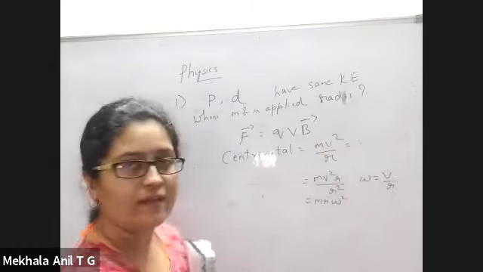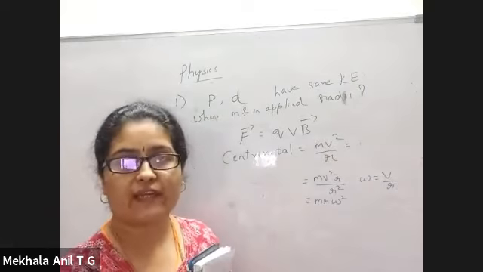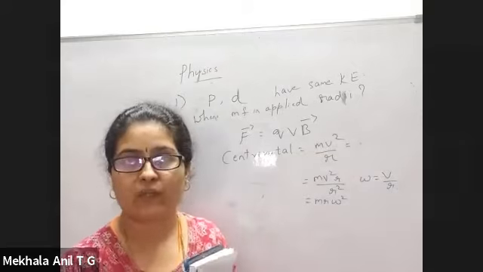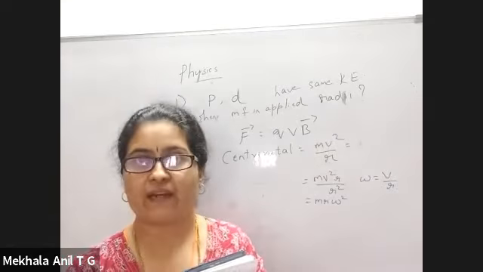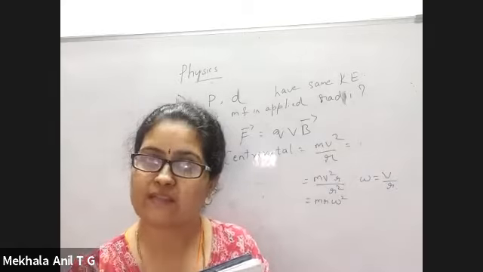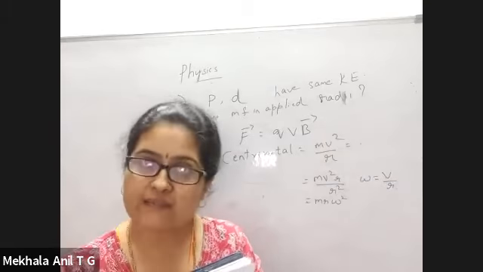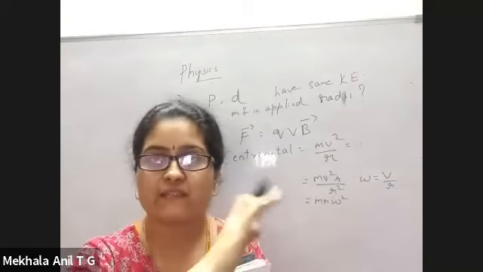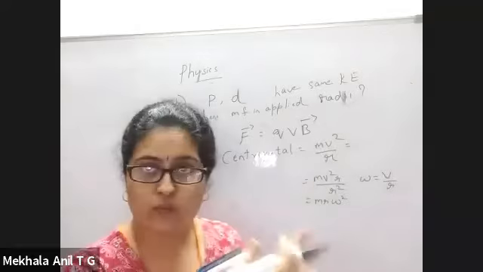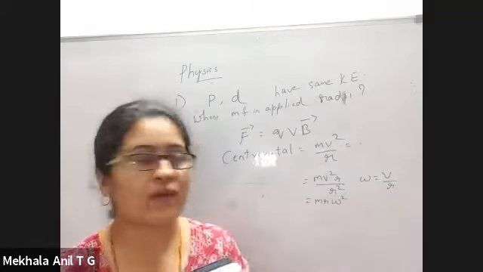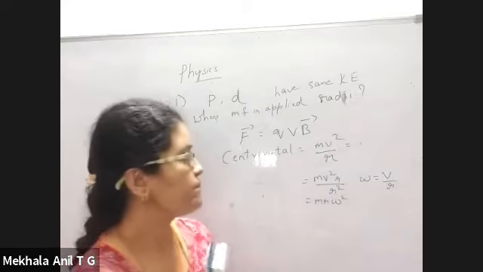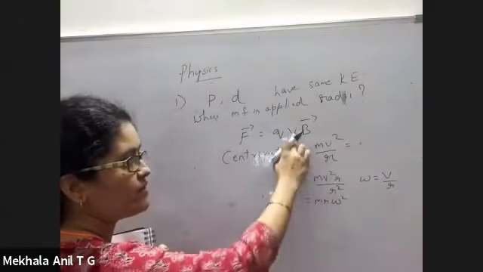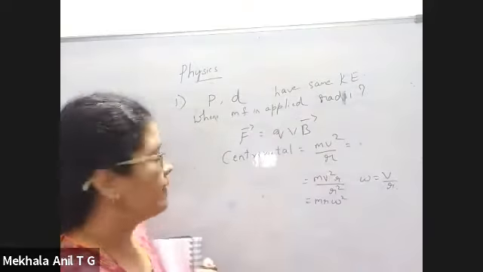It's just like your linear momentum and angular momentum. Linear momentum is mv, angular momentum is m r omega. In the same way, the linear form is mv square by r, and the angular form is m r omega square. Now, if you know these two, the rest you can derive.